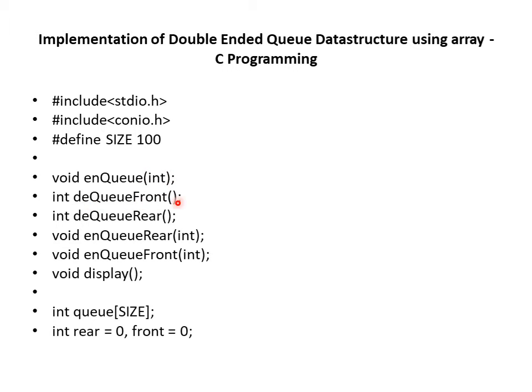DQ in the front end and DQ in the rear end, because both operations should be performed at the front end and rear end, and insertion should also be performed at both ends. And as usual, if you want to see the elements in the double-ended queue, we will use void display. I am initializing r equals 0, front equals 0, and the queue size here is 100.